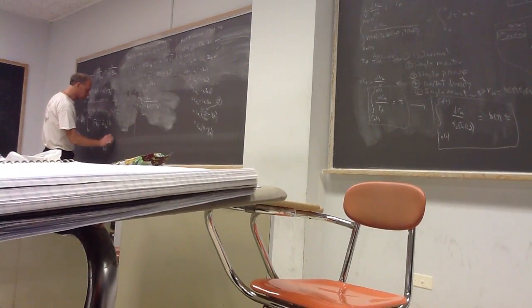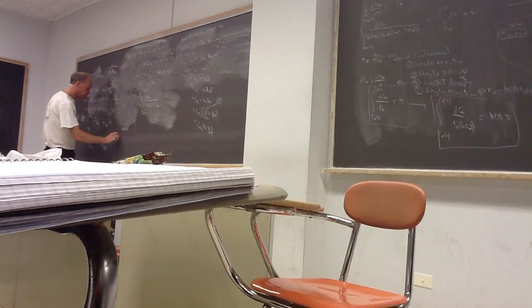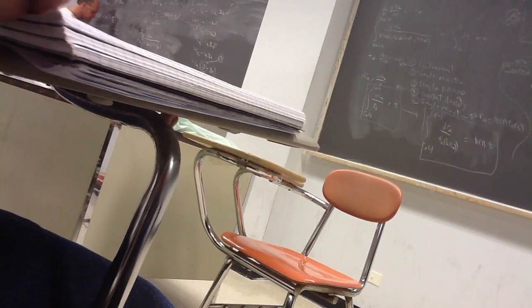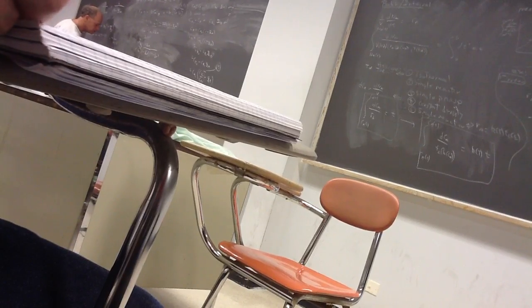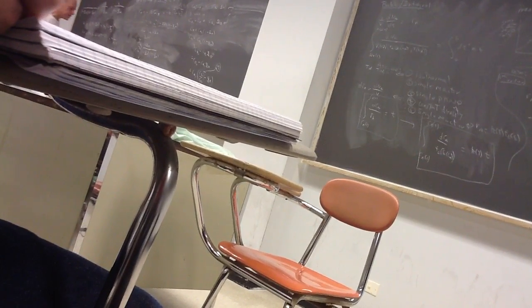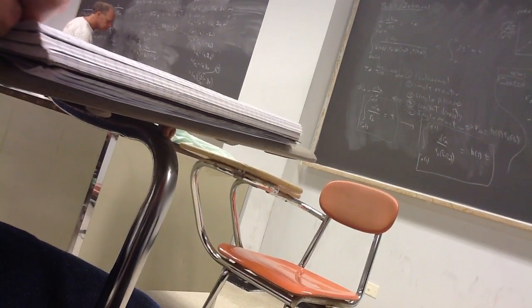So this is the log of 1 minus xa of 0 over 1 minus xa of t, times m minus xa of t over m minus xa of 0. And that's equal to m minus 1 at.